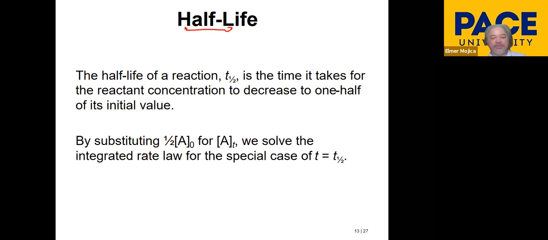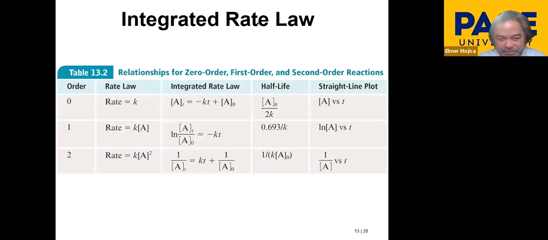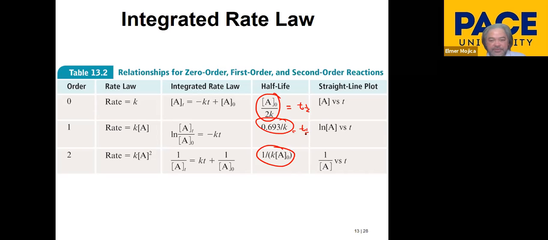So if you have an integrated rate law, all you need to do is substitute your A of t with 1/2 of A0, and you're going to get the corresponding half-life equation. And once again, you don't need to memorize them because this is already given to you. So the half-life that you have is this one. This is the t 1/2 that you have.